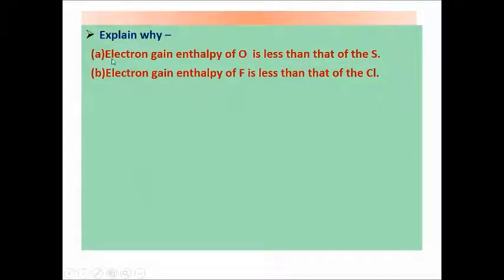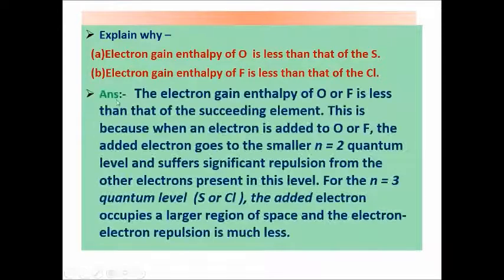And why is the electron gain enthalpy of the first element of that group less compared to the succeeding element of the group? The reason is that the electron gain enthalpy of either oxygen or fluorine is less than that of the succeeding element.